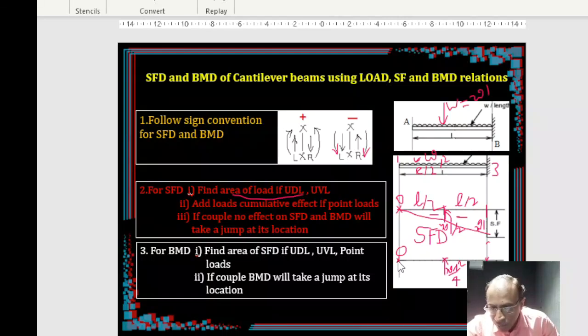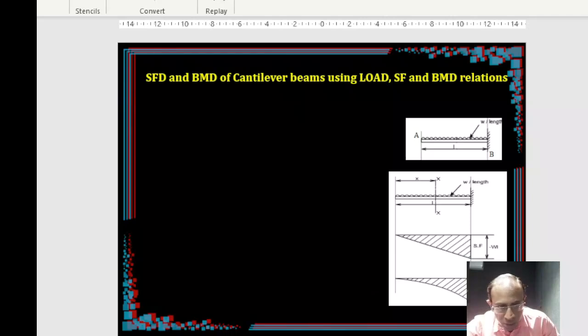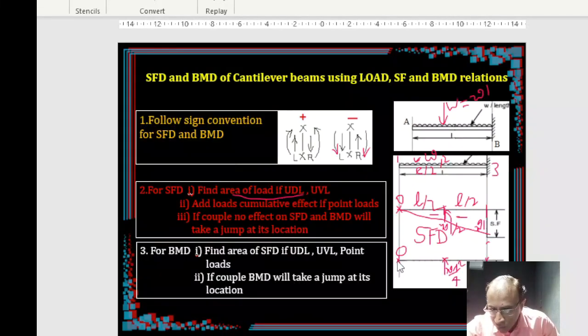So join them, all of them. But how to join? By a line or by a quadratic equation? We have discussed that. When there is a UDL, the variation of the bending moment is quadratic. So join by a quadratic equation, by a curve, right?